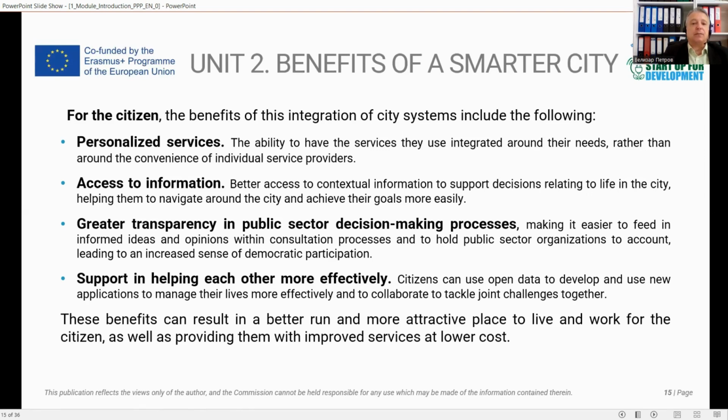Support in helping each other more efficiently and effectively: citizens can use open data to develop and use new applications to manage their lives more effectively and to collaborate to tackle joint challenges together. These benefits can result in a better run and more attractive place to live and work for the citizen, as well as providing them with improved services at low costs.